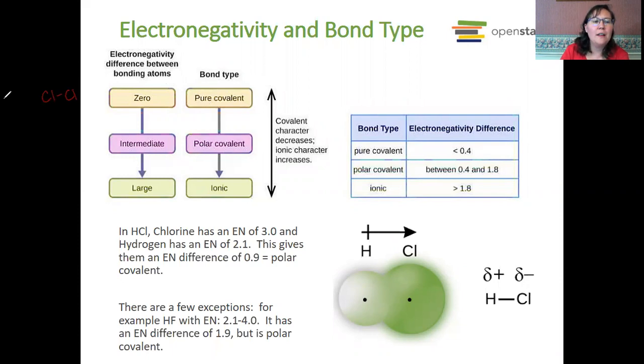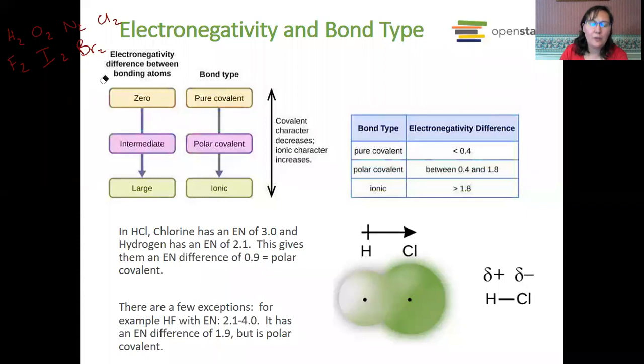Okay, so those pure covalents, the most common ones are your diatomic gases, okay? So hydrogen gas, oxygen gas, nitrogen gas, chlorine gas, fluorine, iodine, bromine, okay? So that's one of the things that you can get.